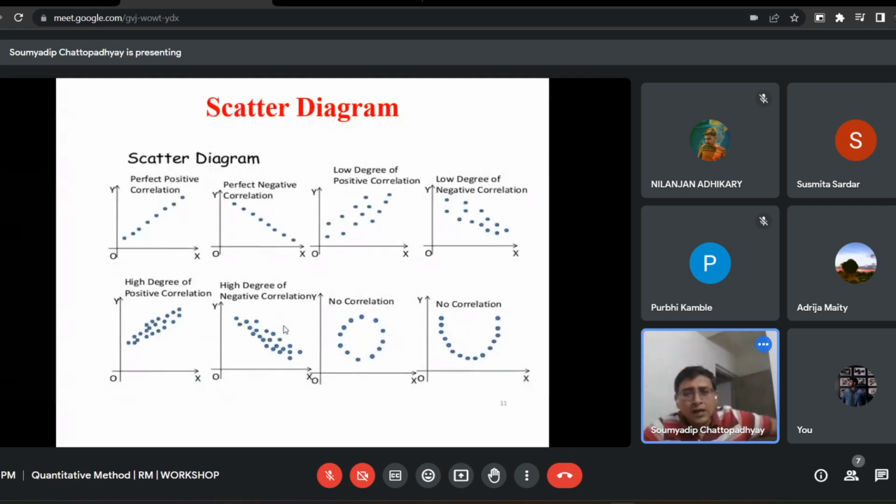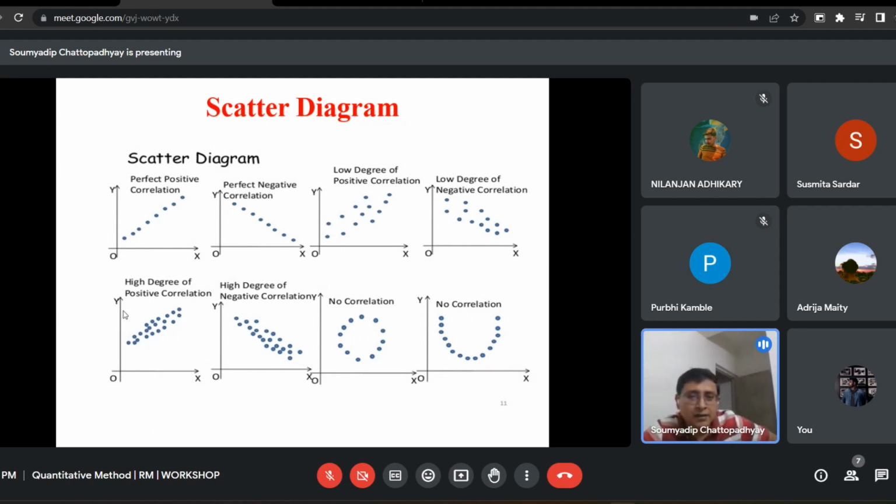For example, this is known as a high degree of positive correlation. All these scatter points correspond to a particular group of people. If you consider this scatter point, suppose it is representative of this particular individual.